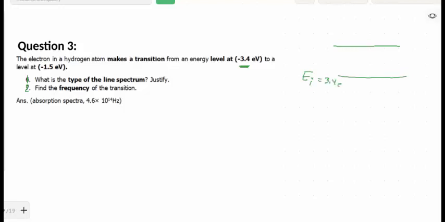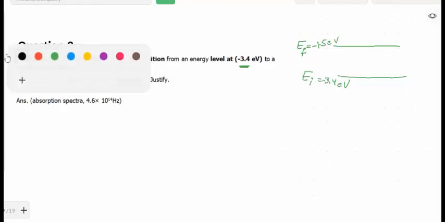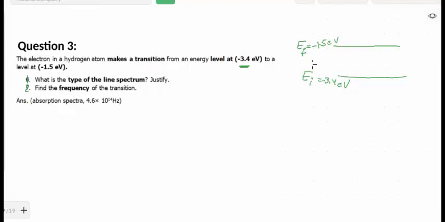Then it gains energy and becomes -1.5 electron volt, this is E final. So the movement from E initial to E final looks upward, because it's from a lower energy level to a higher energy level.